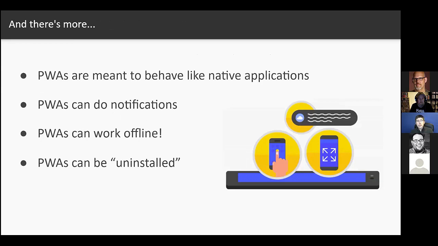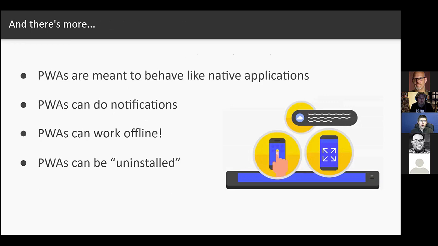Because these PWAs are meant to behave like native applications, they can do notifications. They can notify the user just like a regular native app. They can also work offline, and that's a very important point, because once you have all of that JavaScript, HTML, CSS downloaded, you could possibly display the application and do something with it.